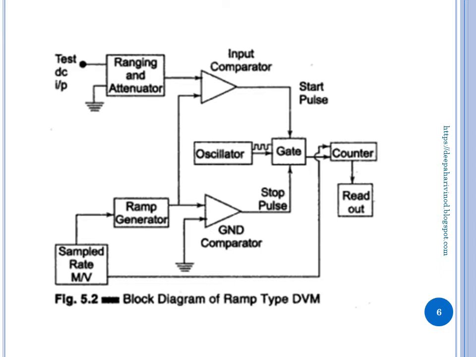The magnitude of the count indicates the magnitude of the input voltage. Therefore, the voltage is converted into time and the time count represents the magnitude of the voltage. The main advantages are that it is easy to design, low cost, and the output pulse can be transmitted over long feeder lines. The disadvantage is large error due to noise superimposed on the input signal.